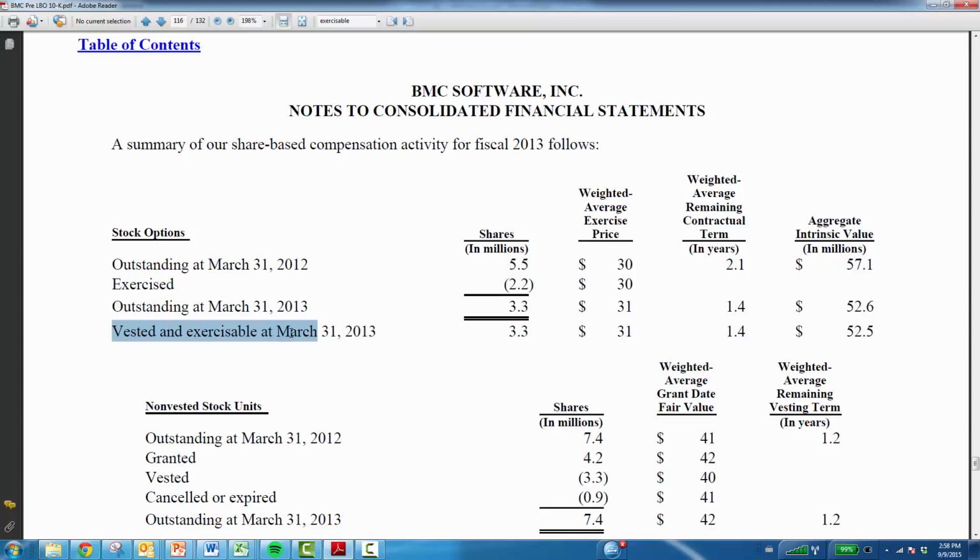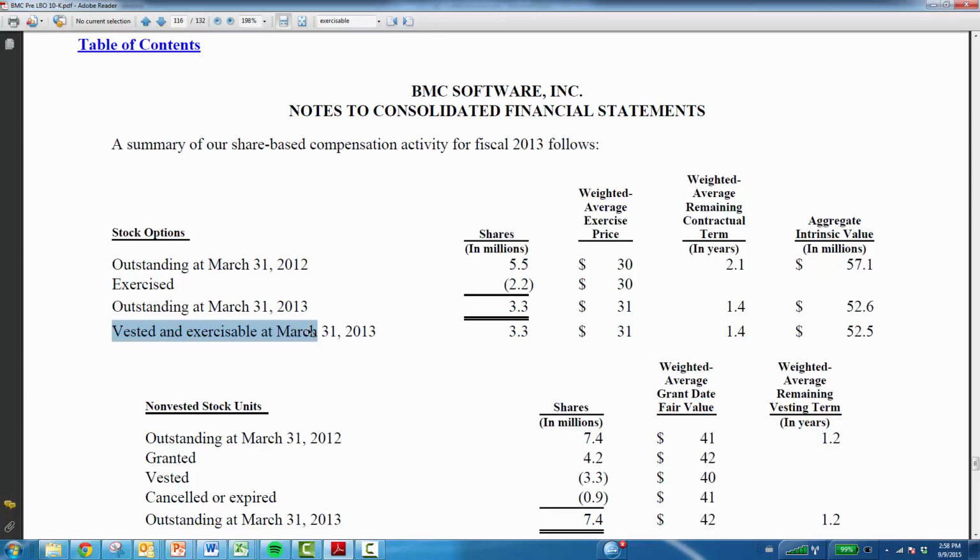Now, we're doing this in the context of a transaction, so we're trying to understand what would happen if an LBO actually took place for BMC, and when an LBO or an acquisition takes place, all exercisable options typically auto-vest. That's not always the case, but typically that happens. That's part of a typical option contract provision.